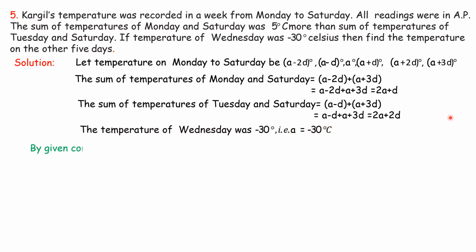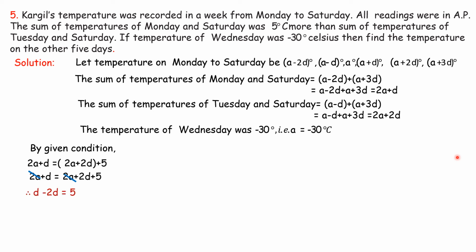By given condition, 2a plus d is equal to 2a plus 2d plus 5. 2a on both sides are equal, so cancel the term.